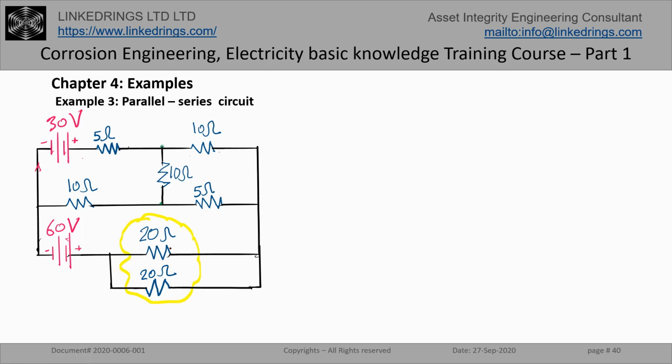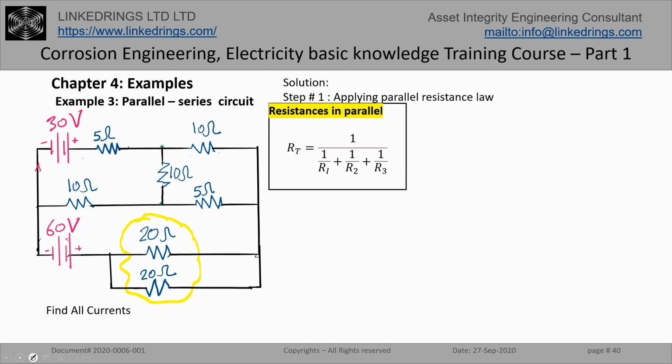These two resistors, for simplification, we can simplify them. They are two resistors connected in parallel, so we can get the equivalent by applying the resistance in parallel law: 1 divided by 1 over 20 plus 1 over 20.